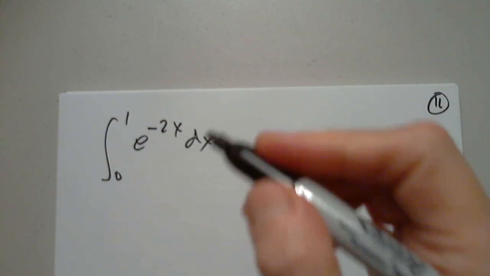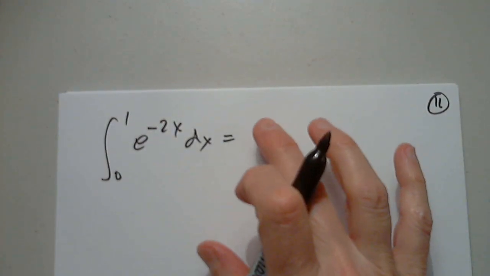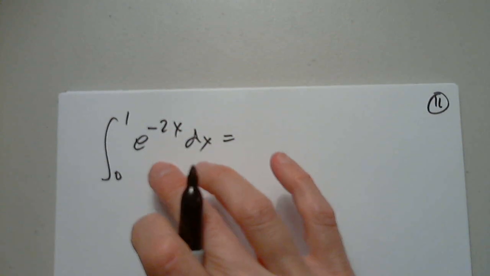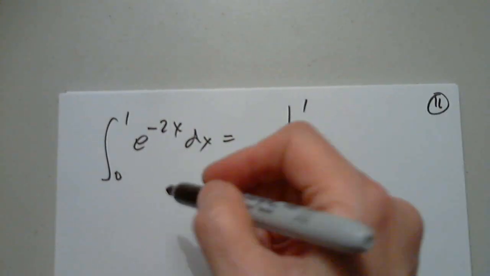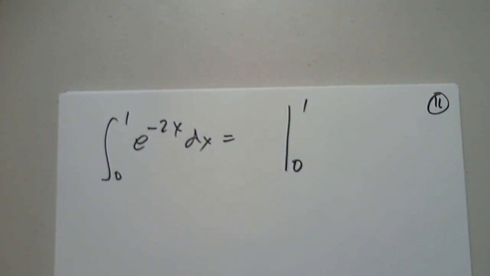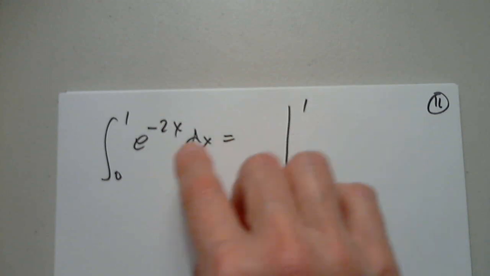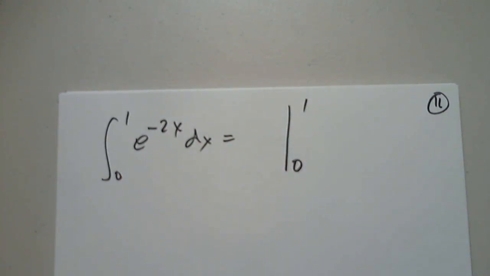Okay, so now I need to find a function whose derivative is this, and then plug in 1 and subtract when I plug in 0. So which function prime is this? We discussed this situation before. See if you remember it.